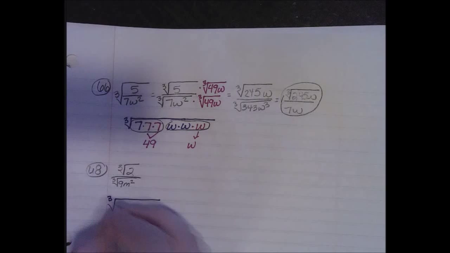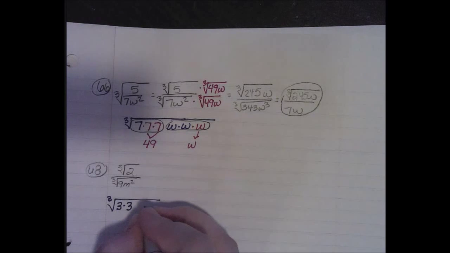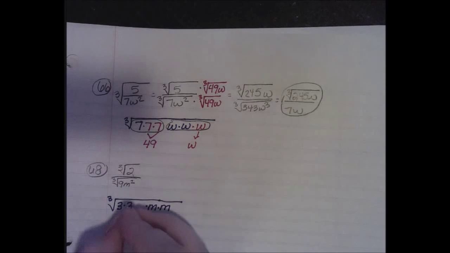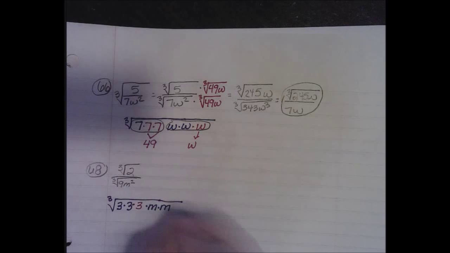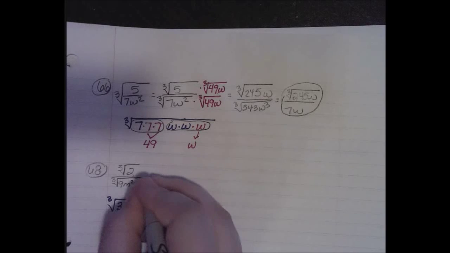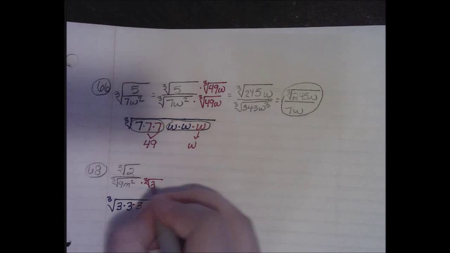So I have the cubed root of 3 times 3 times m times m. I got 3 times 3 because 9 breaks down to be 3 and 3. And m squared, you can break that down just to be an m times m. So I need 1 more 3 and I need one more m. So I'm going to multiply everything by the cubed root of 3m.